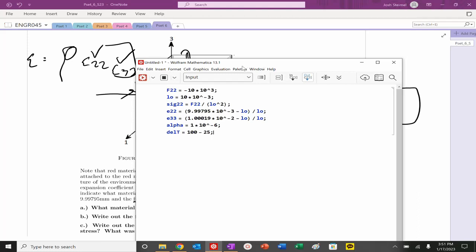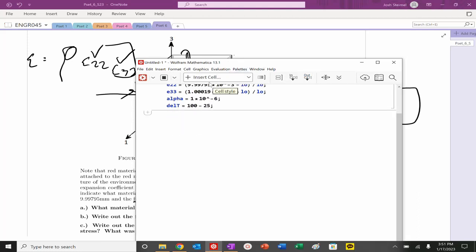And now we can start to write out our equations. So for stress and strain, we know that equation 1, my strain of the 1 is equal to 1 divided by Y times sigma 1 minus nu times sig 22 plus sig 33, and then all of that plus alpha. I'm going to define that right now. My thermal strain is equal to alpha times del t.